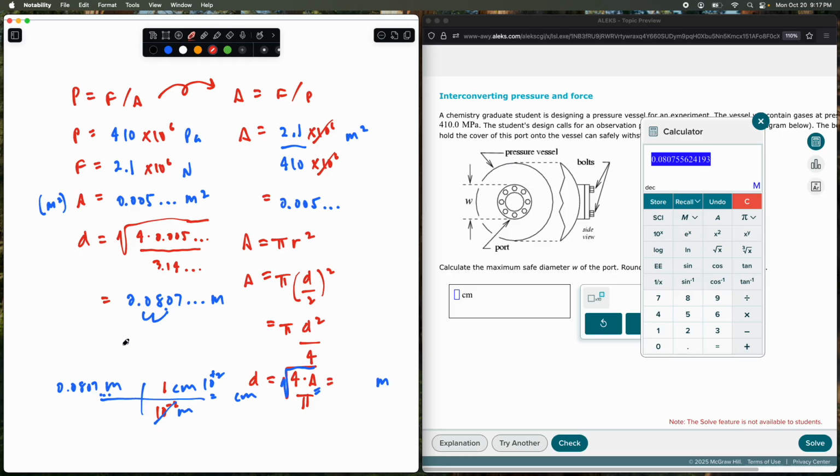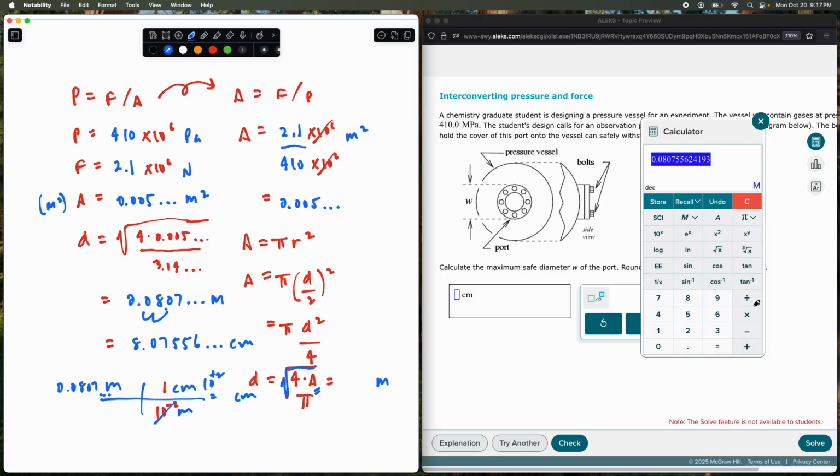So this is going to be then equals 0. No, not 0. I moved the decimal place. It's going to be 8.07. And my calculator's got some more digits, 556, dot, dot, dot. And this is going to be in centimeters, which is what I wanted, 8.07.